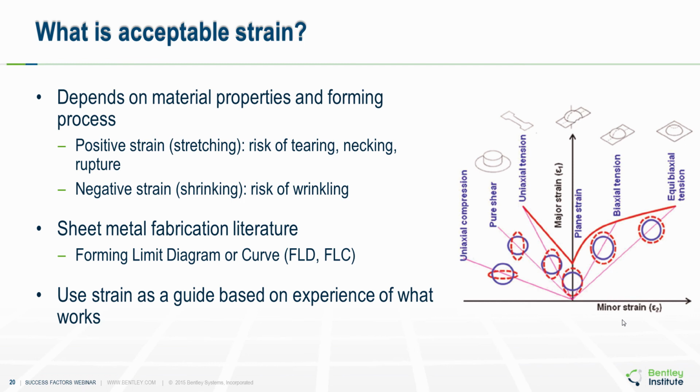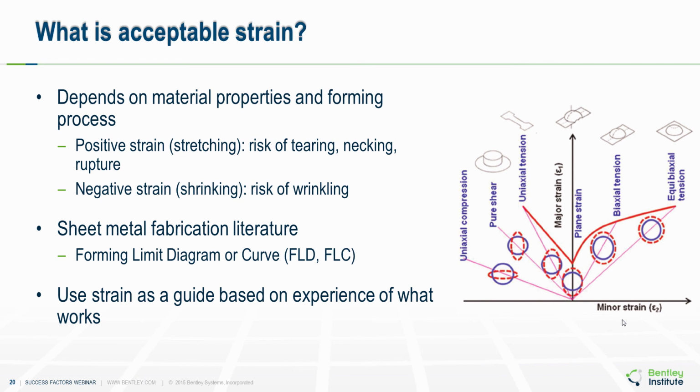There's a lot of literature on sheet metal fabrication, and what's often used in this domain is what's called a forming limit diagram or curve, sometimes abbreviated to FLD or FLC. And the forming limit diagram can be used to gain a better appreciation of how much strain might be acceptable in the plate.